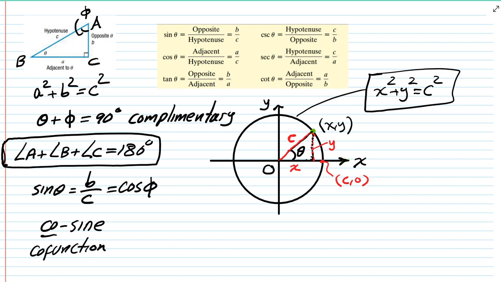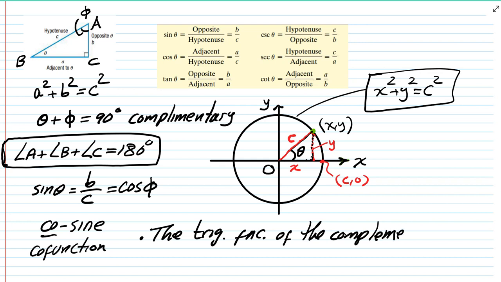So what is a cofunction then? Let me give you a definition. The cofunction is simply the trig function of the complement of an angle.